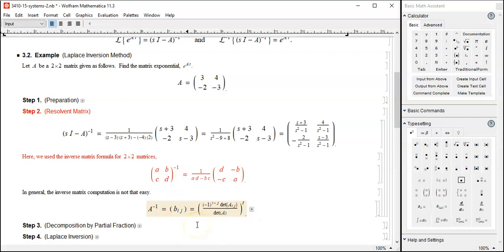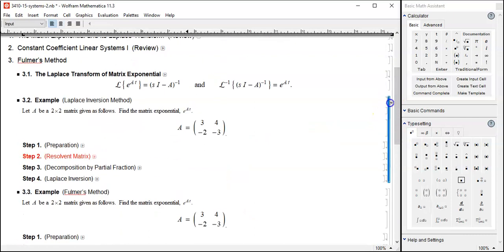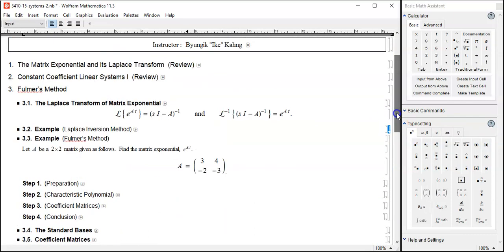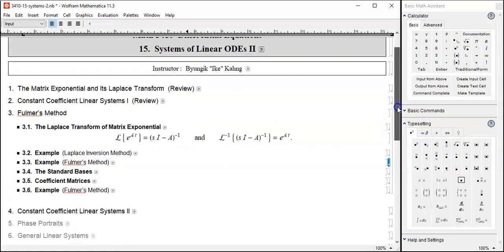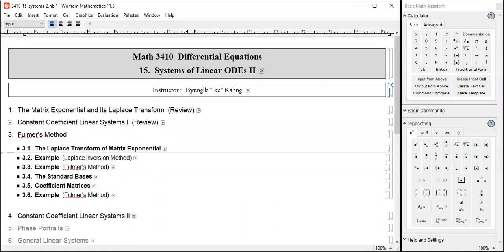This one is. The inverse matrix part is really the killer, and that's going to take too much effort. For 3 by 3 or higher, it's really a big pain. So this traditional method, the first method, the straightforward Laplace inversion method, does not work very well. It's not impossible, but if you sit down and try to do it, you'll recognize this is certainly not working.